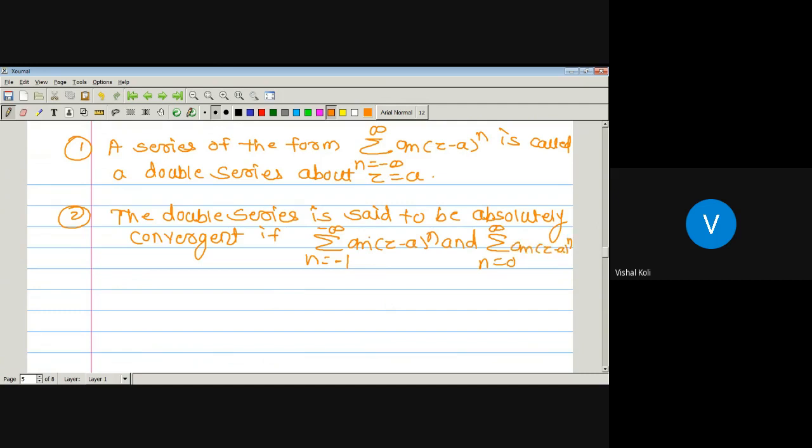The sum of both the series is nothing but the total double series, that is, series n running from minus infinity to infinity a_n (z minus a) to the power n. And if both these series are absolutely convergent, then the corresponding double series is also absolutely convergent.